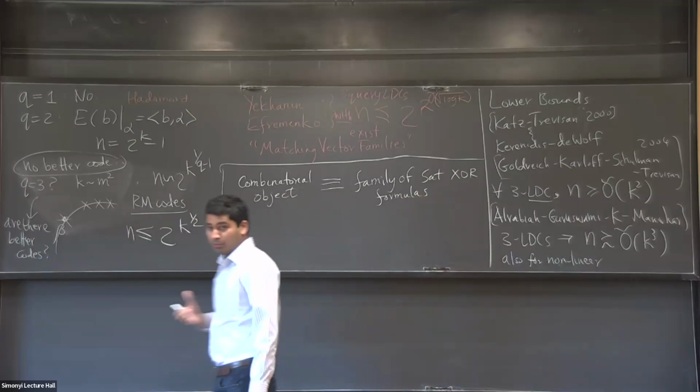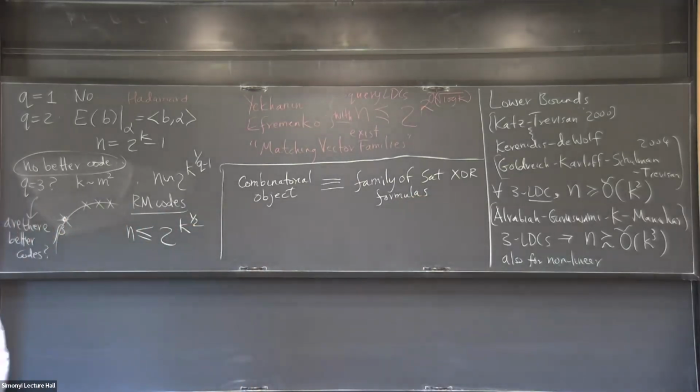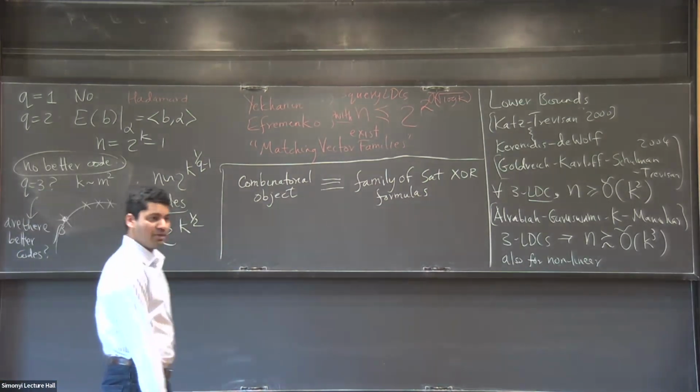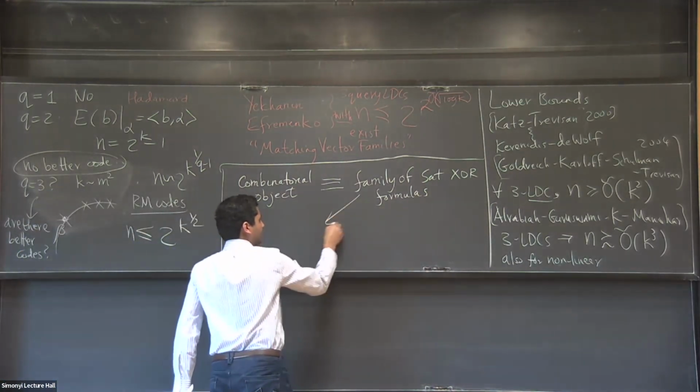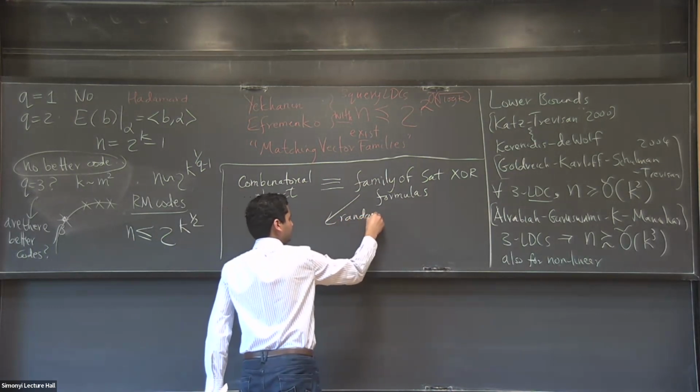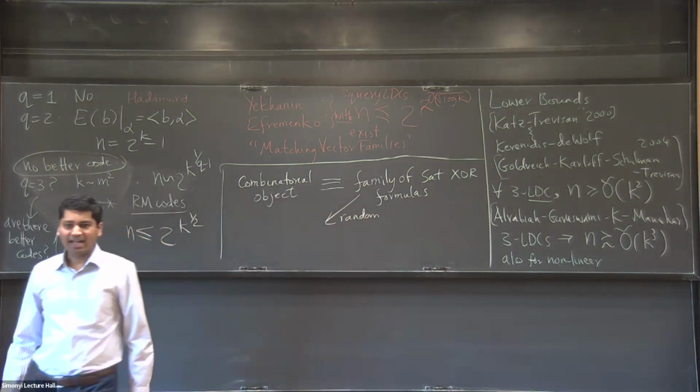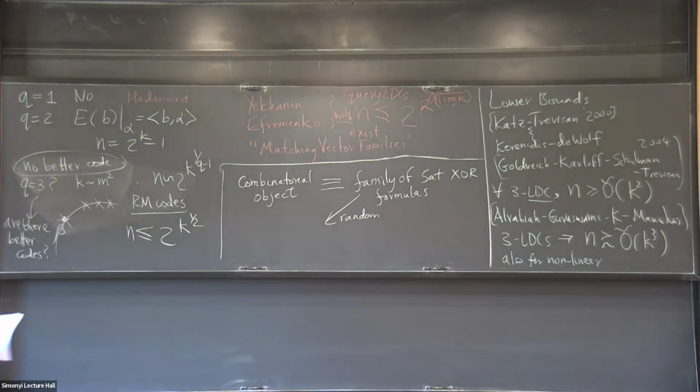So basically, the fact that this combinatorial object has a local correction algorithm will be encoded as: this set of XOR formulas must be satisfiable. Okay. Then what do I do? Then I'm going to pick a random element of this family and try to refute it, try to prove that this random element is in fact not satisfiable. And then I'm done. Okay.